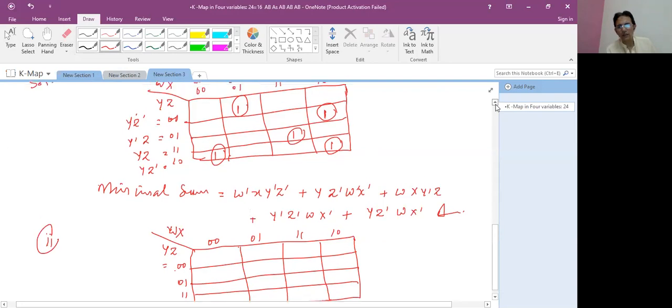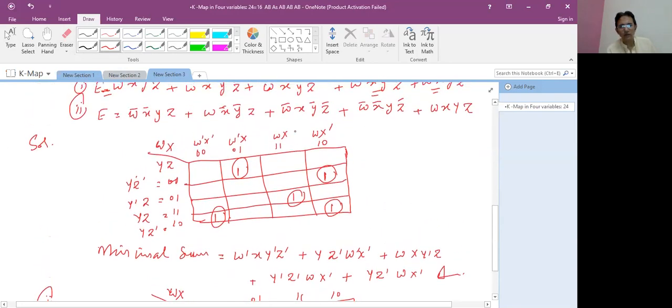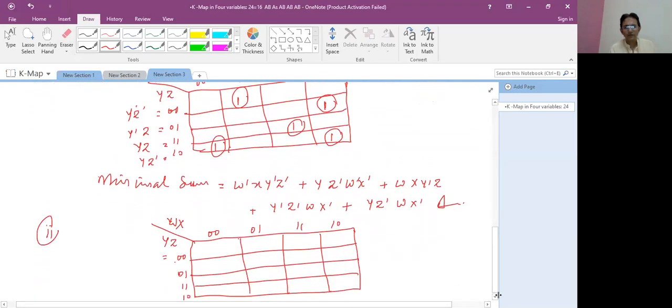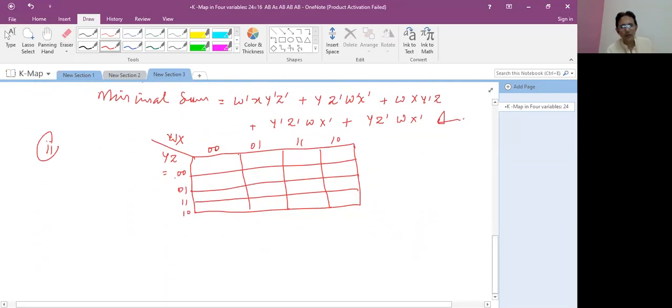So when we consider the second Boolean expression, W and X complemented, it means this one, W and X complemented but Y and Z not. So this one.